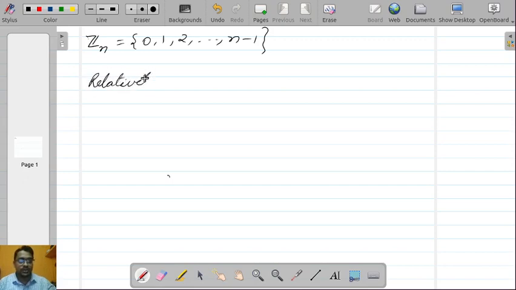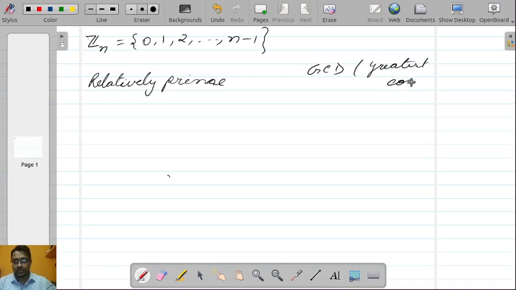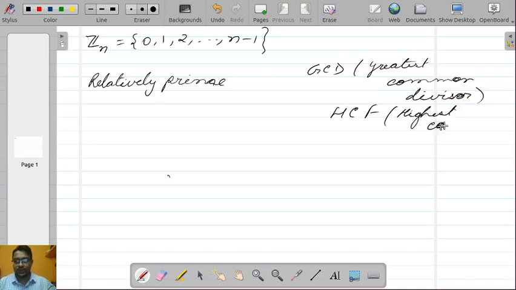Relatively prime. So in your school days you had learned something about GCD, or greatest common divisor. Or in other words, this is also called HCF, highest common factor.